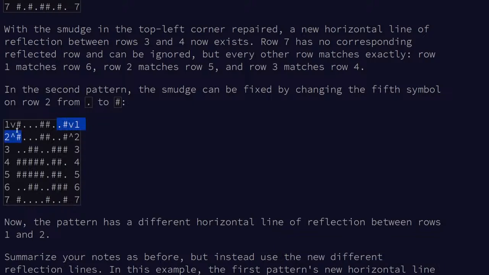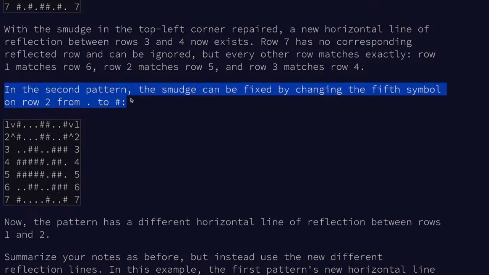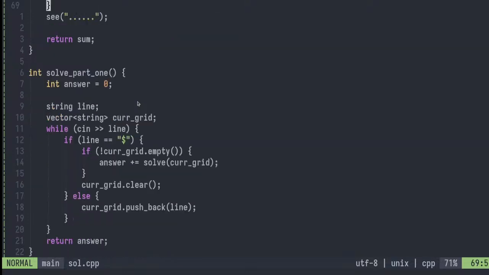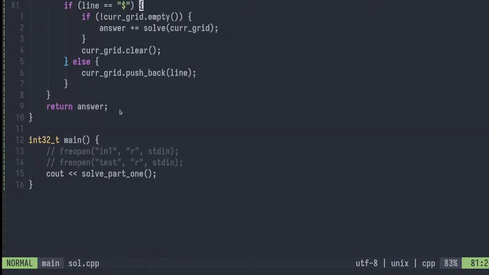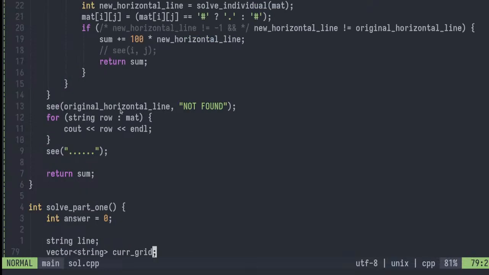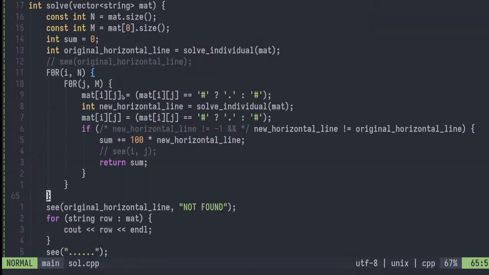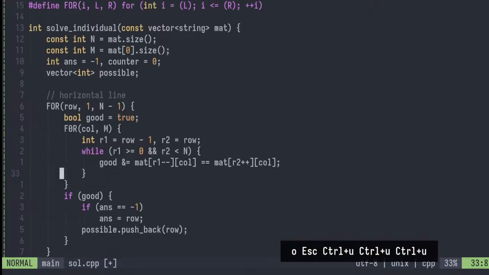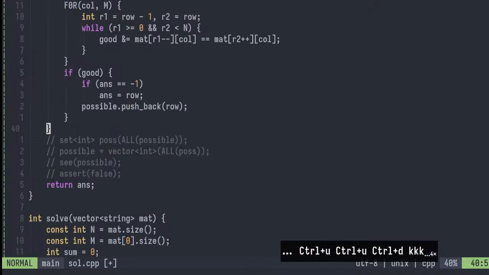And for vertical, we only take the columns to the left of it. That would be small. Don't find horizontal. This is already very bad.